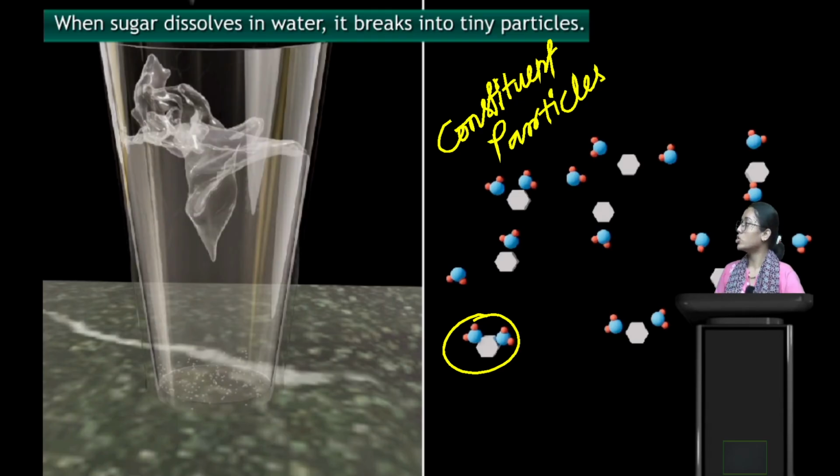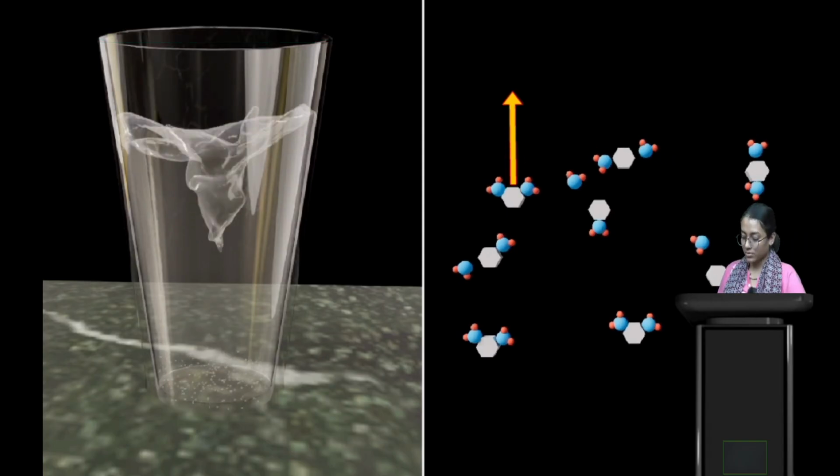Okay, so when sugar dissolves in water, it breaks into tiny particles. All these things are sugar molecules. See the space, this kind of thing, interparticle spaces.